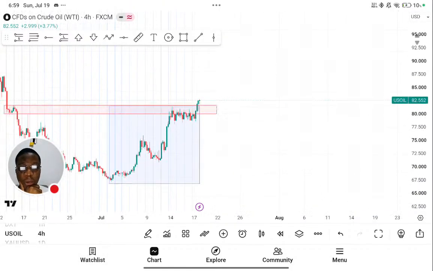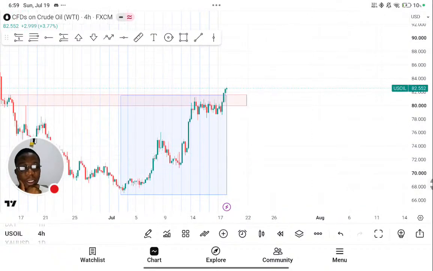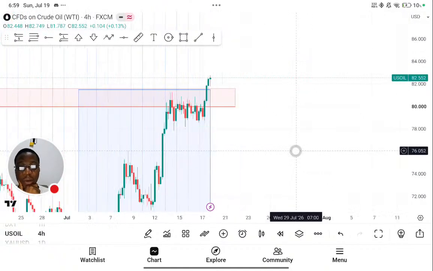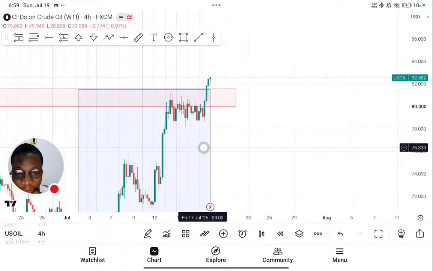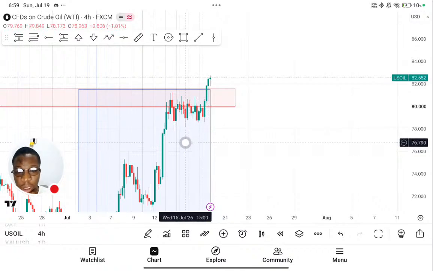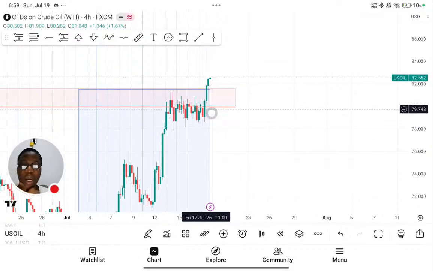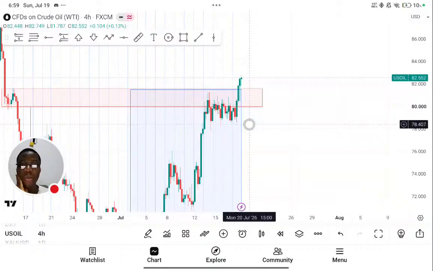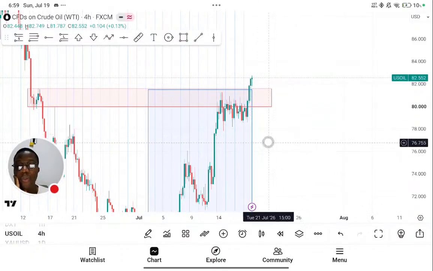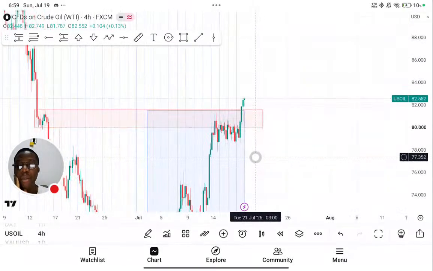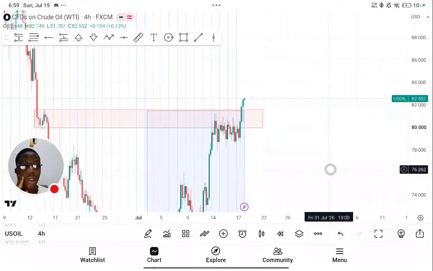You could see the whole of this week. Can you imagine? This last week that will finish, for how many days? This Friday, Thursday, Wednesday, Tuesday, Monday. Look at the price action that happened. Now market has broken above it, so we're going to see rising prices in oil.